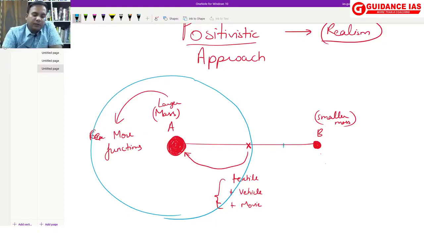If you go to this point Y, a person will not go to A because he will think that the distance has increased, thus cost has increased. So he will always balance out, he will always calculate how much cost, how much advantage.